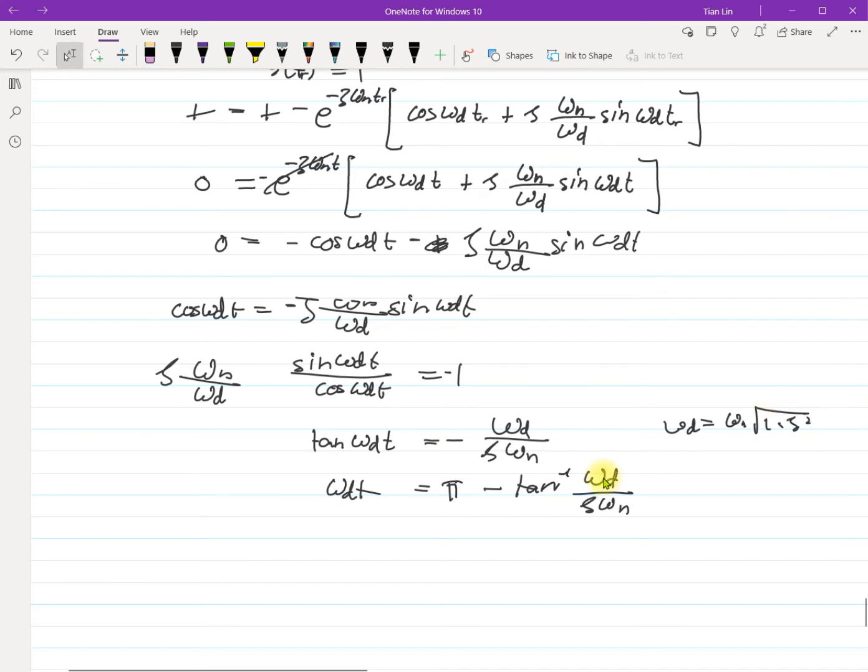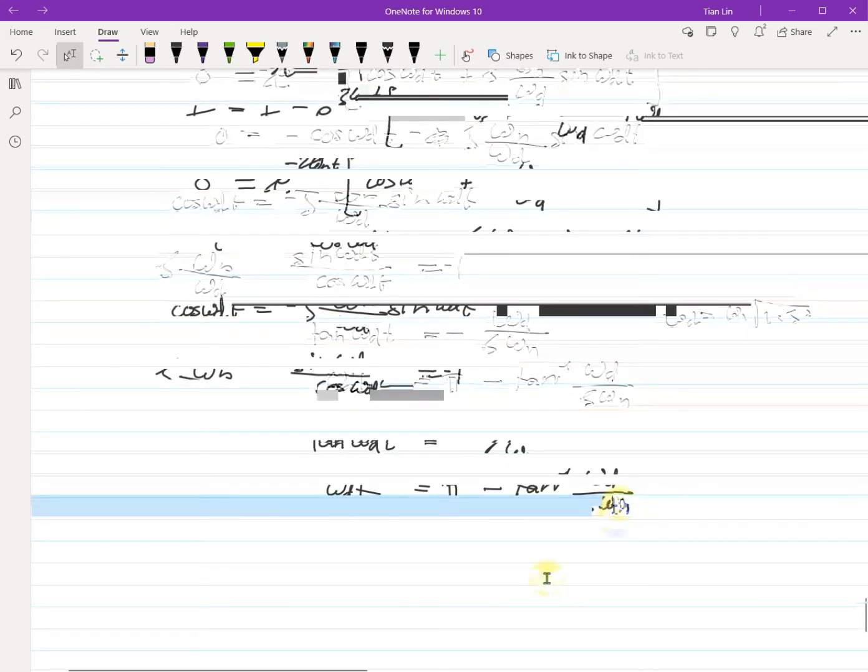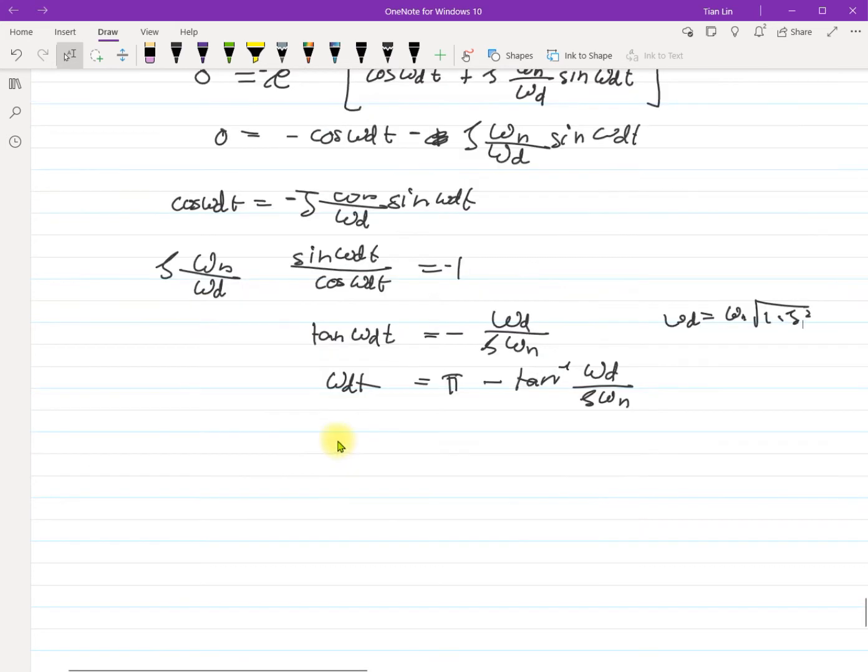So we can substitute this one here so that the omega n here and omega n here will cancel out. So we'll have omega d equals pi minus tangent inverse of, so what will be the remaining expression here?